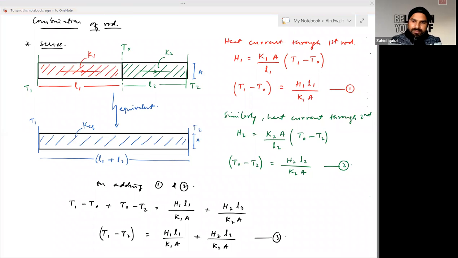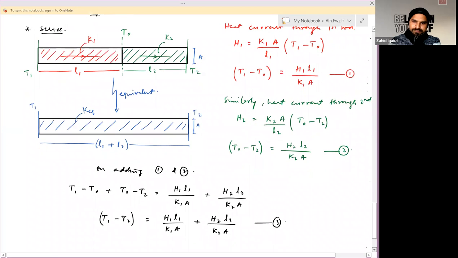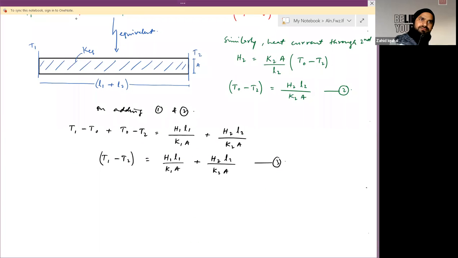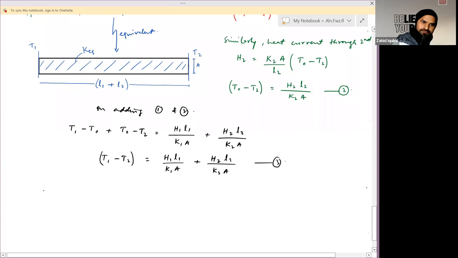Now, from the equivalent part, for equivalent rod, H equivalent equals to K equivalent times area, total length L1 plus L2 times temperature difference T1 minus T2.